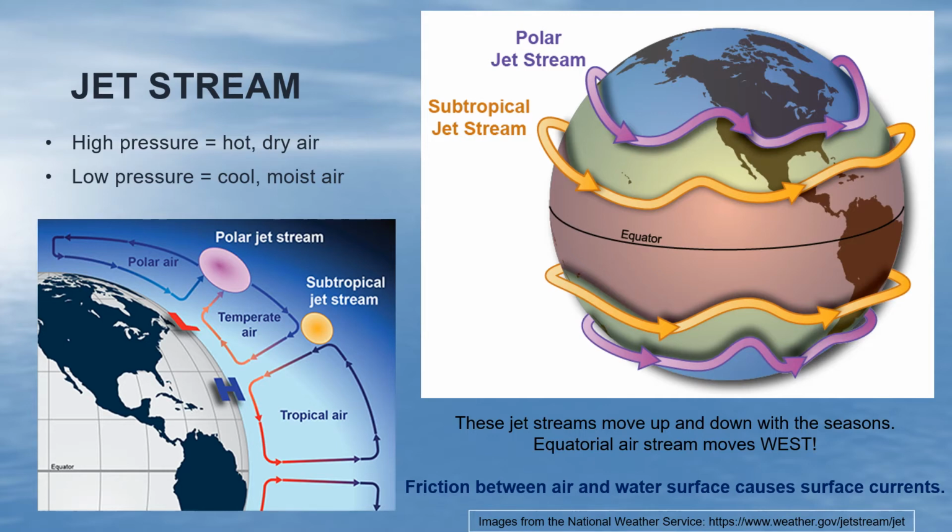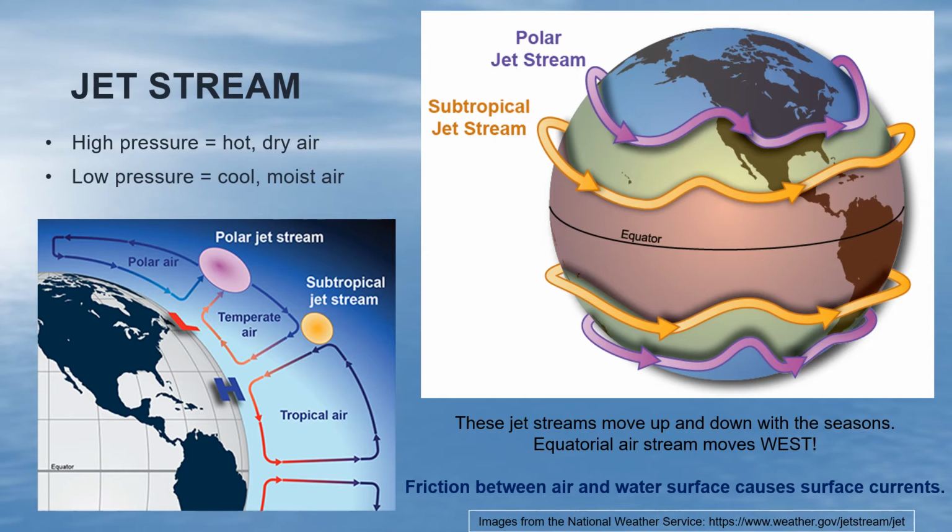And this happens also at the subtropical latitudes. We see that there's this temperate air pattern where you have cold air sinking in the subtropics, kind of at the same latitude as like the southern part of the United States. It sinks, it warms as it travels along the surface there, and then it rises.